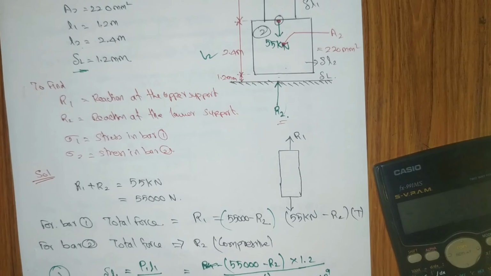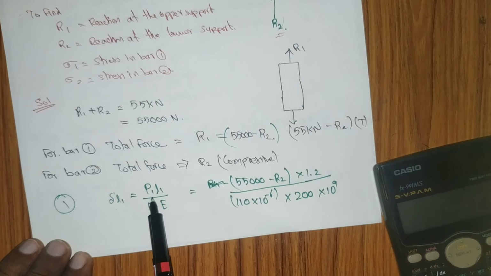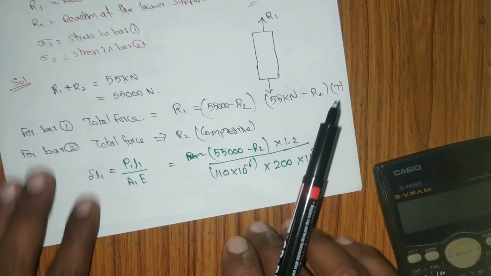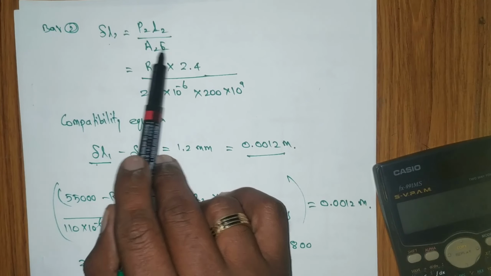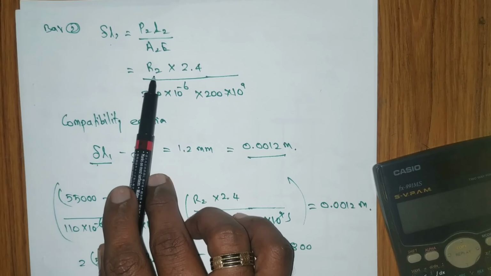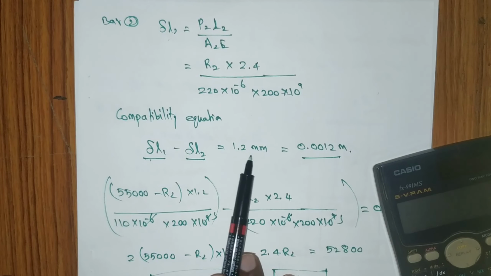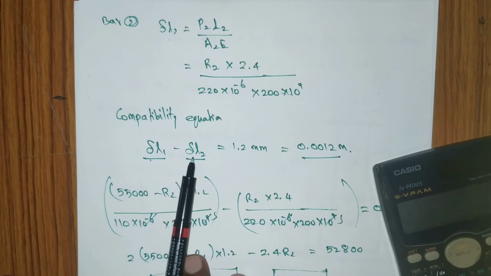So we know the only thing is deflection of each bar, we can find out by the PL by AE formula. So bar 1, P1 L1 by A1 E, meter is common. So we got this value. Similarly for the bar 2 we identified P2 L2 by A2 E. So we got this value in terms of R2. So compatibility equation, it means 1.2 mm produced because of deflection 1 minus deflection 2.